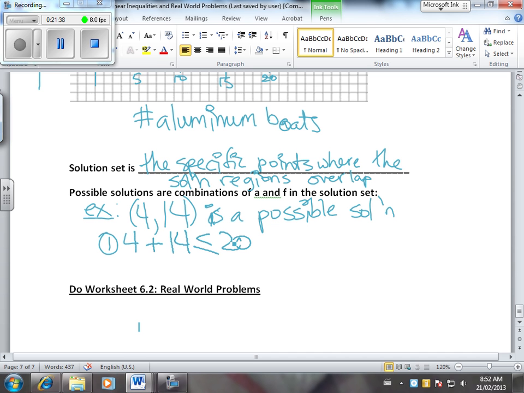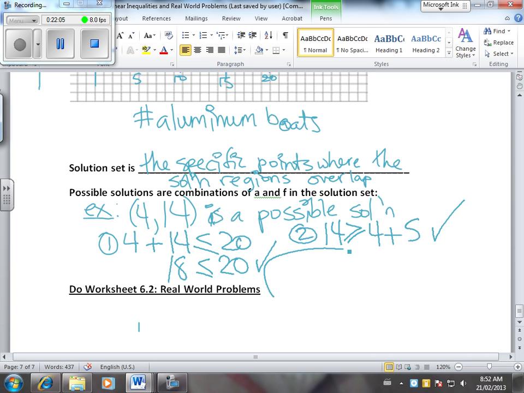4 plus 14 is 18, less than or equal to 20. Is that a true statement? It is, so it gets a little check mark. And then we can test equation 2. So 14 is greater than or equal to 4 plus 5. So 14 would be greater than or equal to 9, which is true. Okay, if you wanted to be safe, we could test another point.